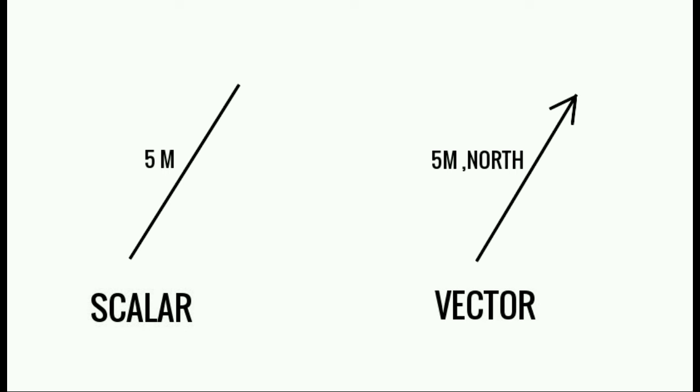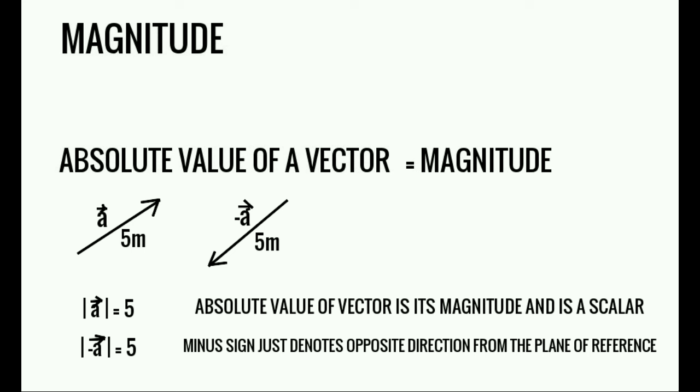Magnitude, as I already said, has a unit and a numerical value. It's also the absolute value of a vector.